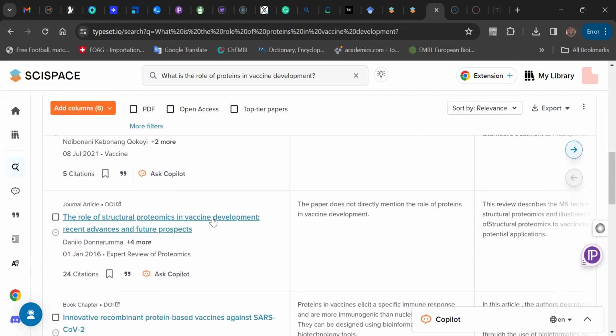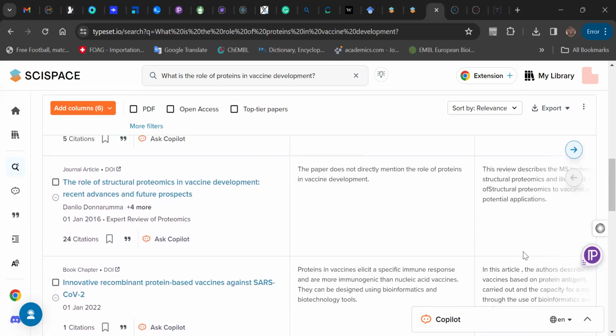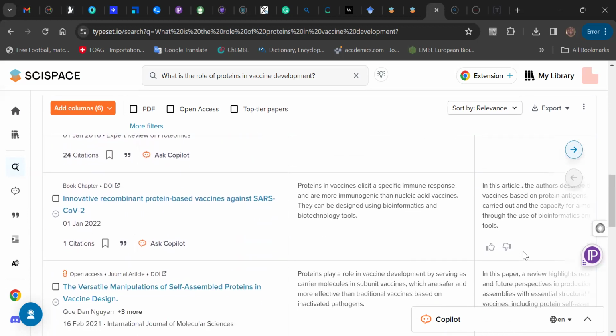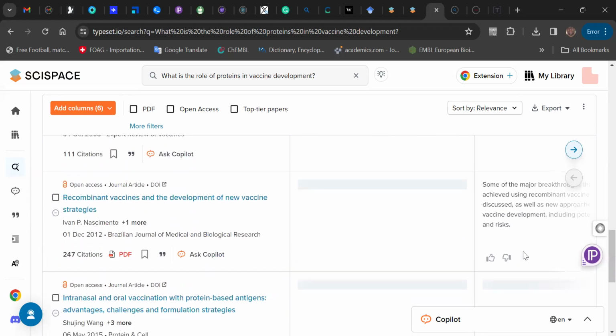The role of structural proteomics in vaccine development, recent advances and future prospects. Although this paper might be relevant, it says the paper does not directly mention the role of proteins in vaccine development. However, the review describes MS techniques, structural proteomics, and illustrates structural proteomics to vaccinology potential application. So it gives insights into what each paper says.